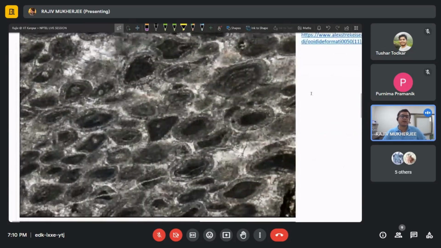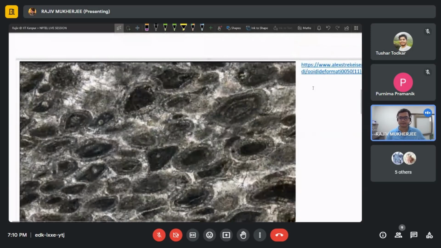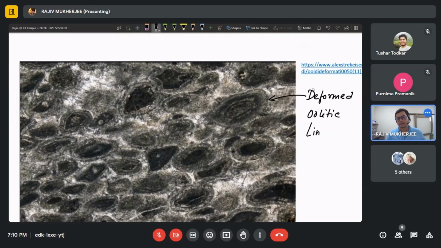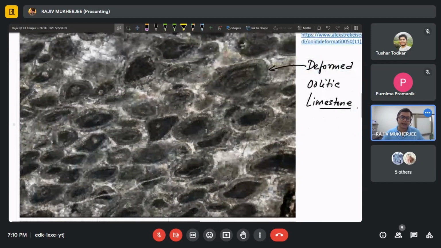In this case, these are deformed oolites, deformed oolitic limestone. In this deformed limestone, we see these are elliptical shaped oolites.